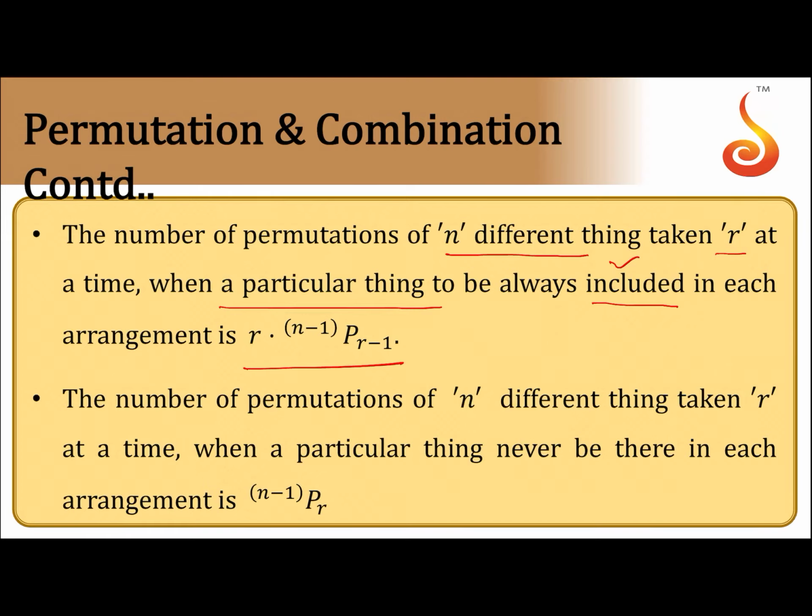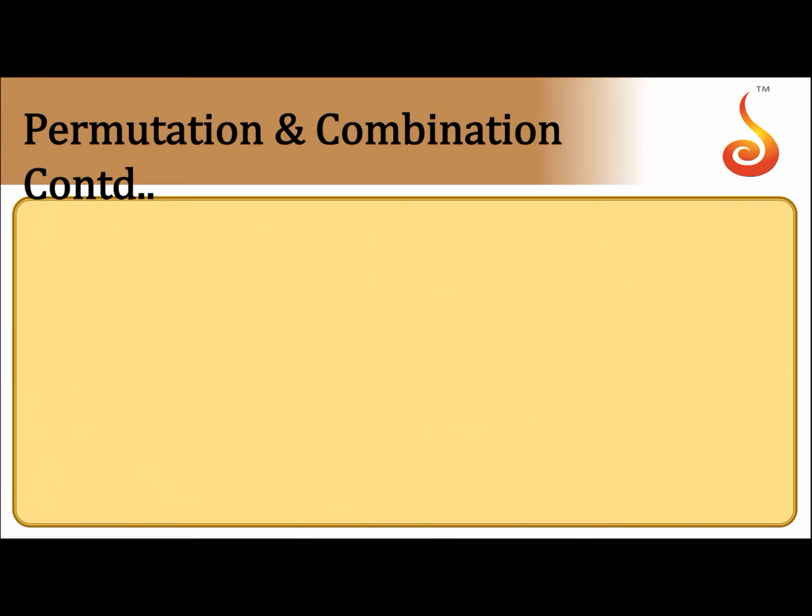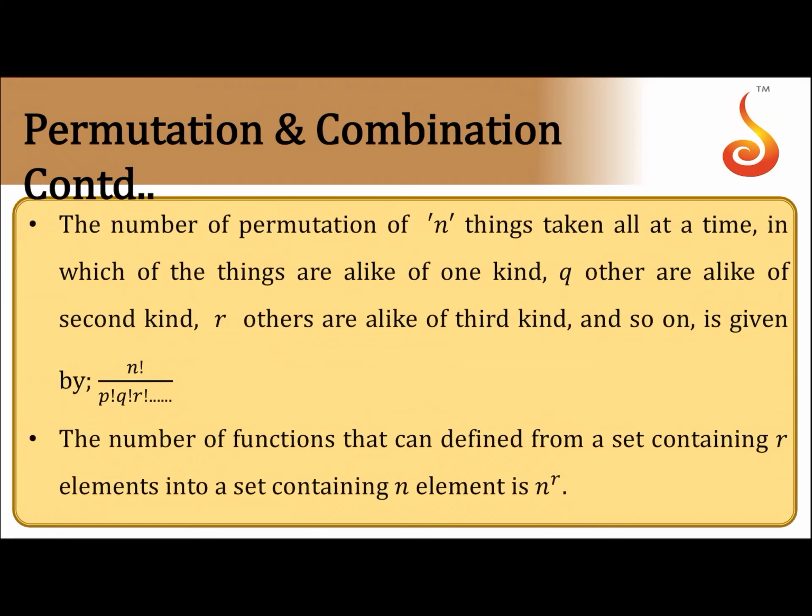Suppose a particular thing is never included, then it is n minus 1 P r. Together it is nPr. So nPr is equal to n minus 1 P r plus r multiplied by n minus 1 P r minus 1. This is a formula to calculate nPr. These are restricted permutations.